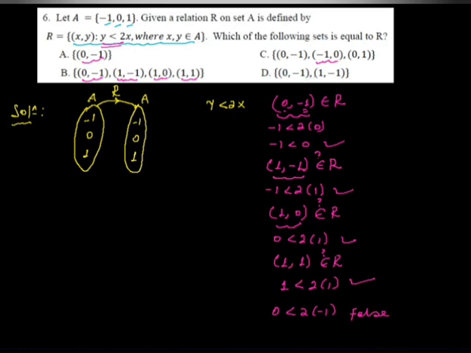Coming to D, (1, -1) and (0, -1) in D are all in B, so B can be the best option for the relation R. Okay, the set of ordered pairs that can describe relation R is in choice B.